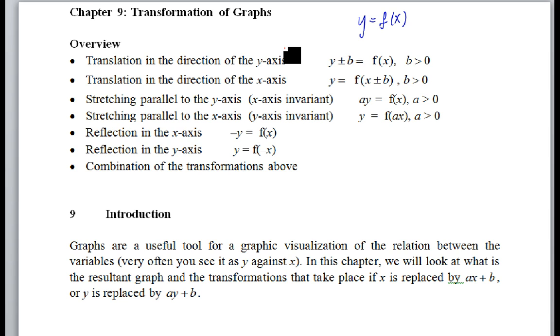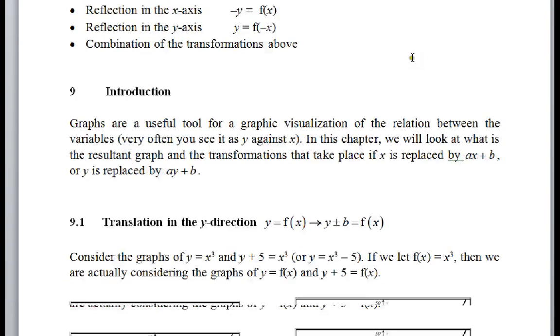So essentially, we want to know if we know y equals f(x), how do we transform to other graphs. Okay, let's start.